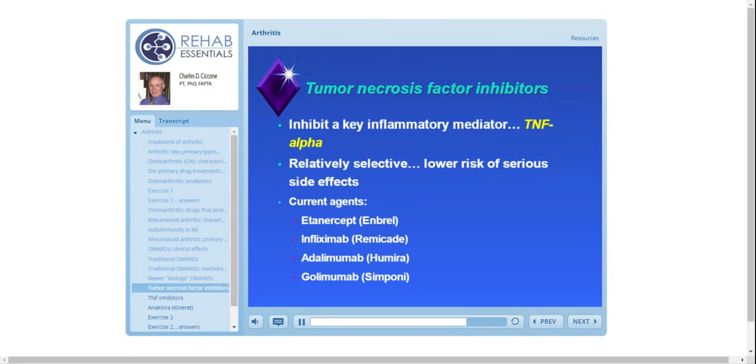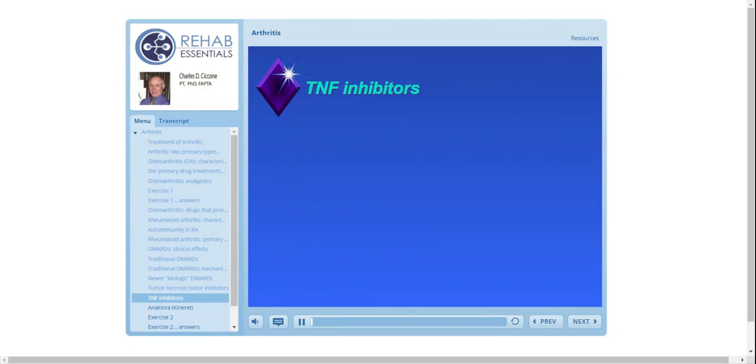In this case, it recognizes the tumor necrosis factor as that antigen and inhibits its function. So this has been a huge breakthrough. Rather than suppressing the entire immune response, we want to maybe slow down one of the key messengers that's promoting that joint destruction, and that's exactly what these are doing.